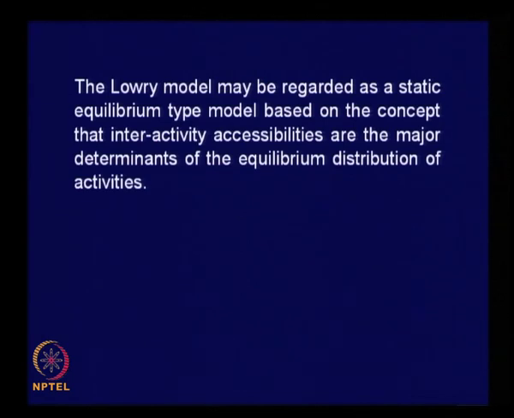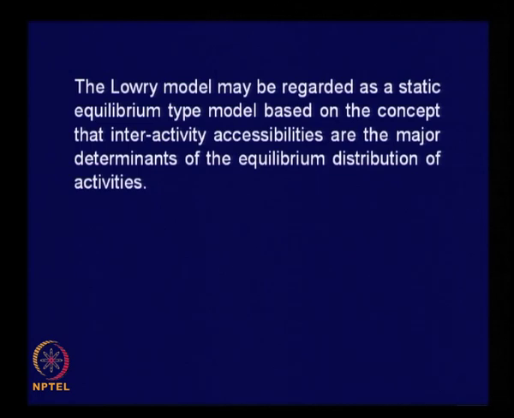Then there are two important points to be remembered about Lowry's model. The first one is the Lowry model may be regarded as a static equilibrium type model based on the concept that interactivity accessibilities are the major determinants of the equilibrium distribution of activities.